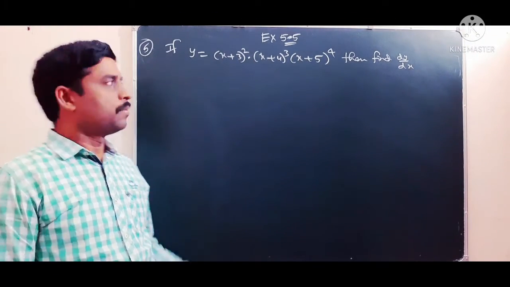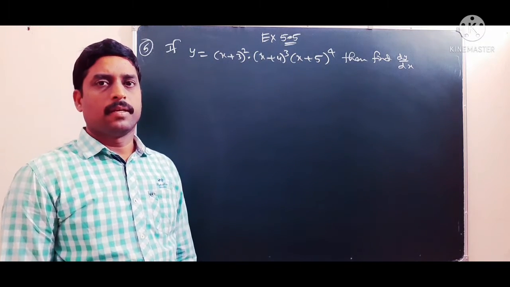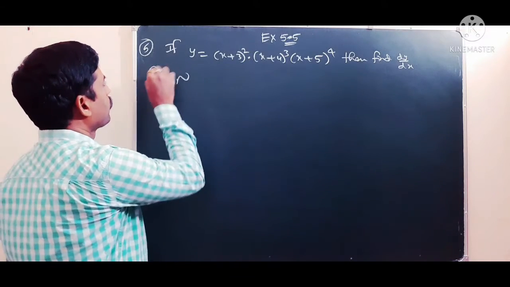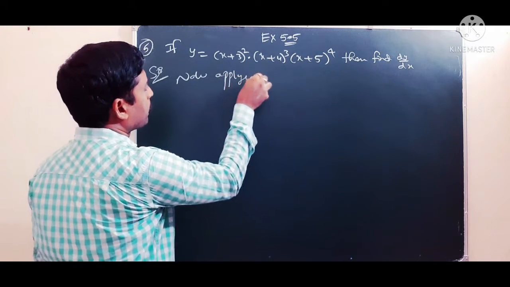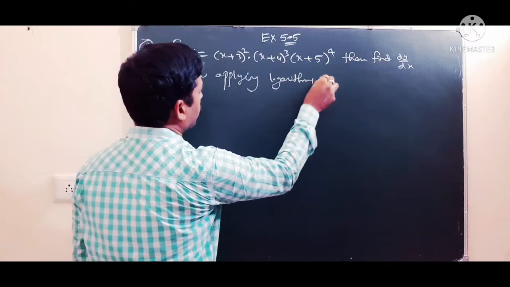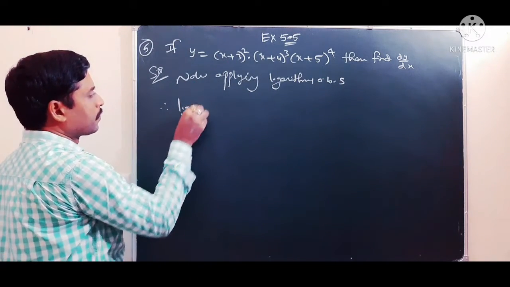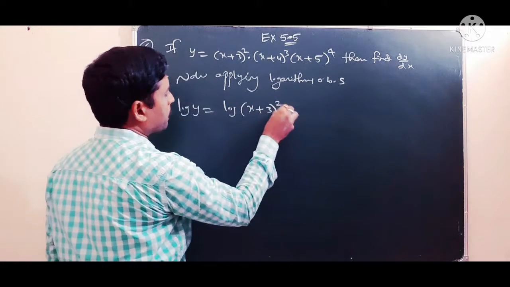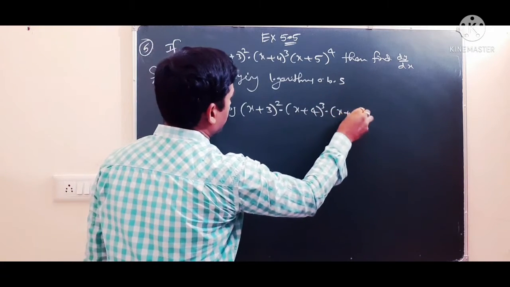Let us go to the next problem. The y value is given, and we need to find dy by dx. Now applying logarithms on both sides. So log y is equal to log of (x plus 3) whole square into (x plus 4) whole cube into (x plus 5) power 4.